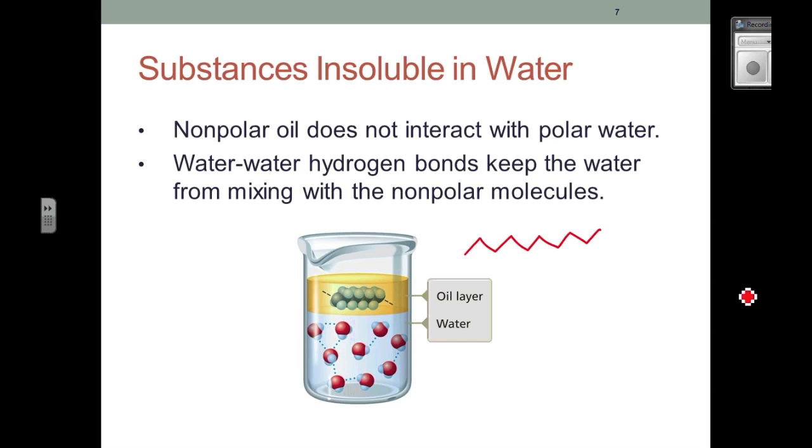Now water is a polar molecule, and since the other is non-polar, they're not really going to interact. You're going to get two distinct lines here. Those hydrogen bonds in the water are going to keep all the water together, and all that London dispersion is going to hold that oil together. But because London dispersion is so weak, it doesn't interact with the hydrogen.